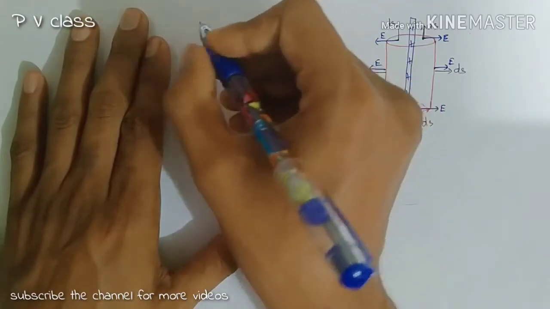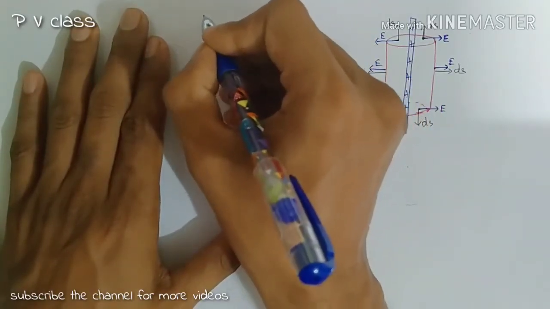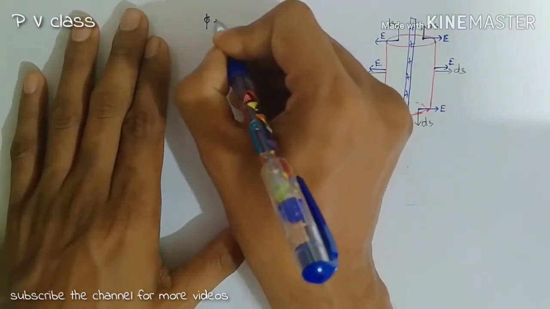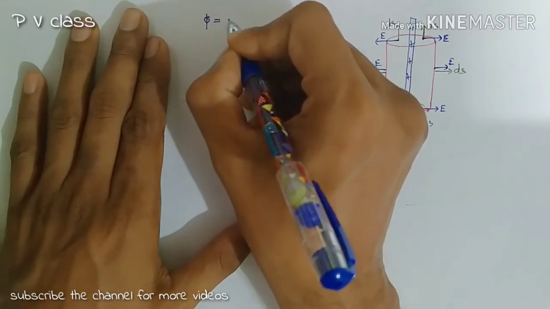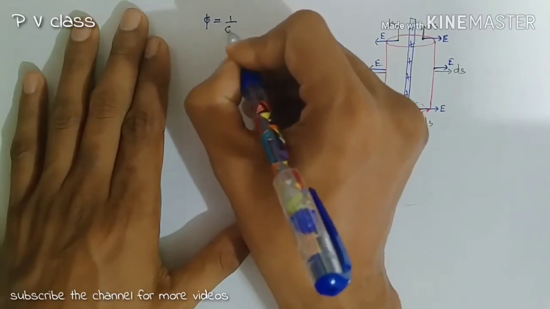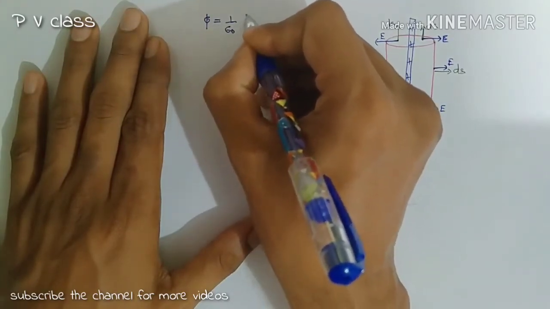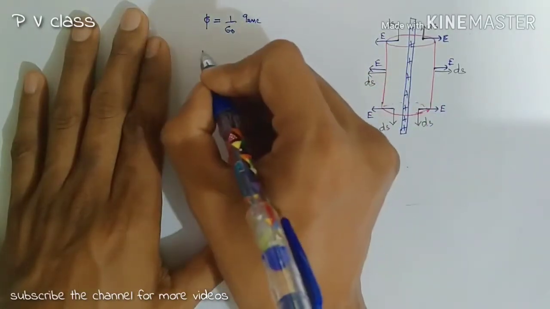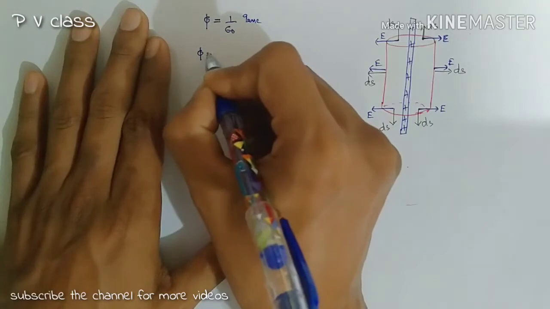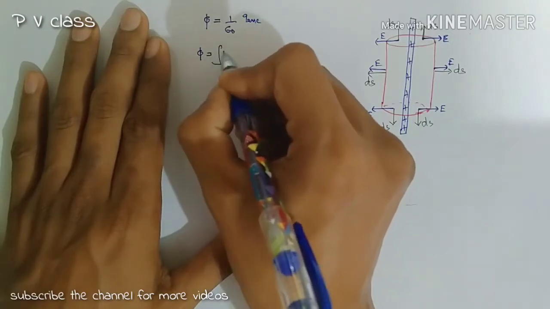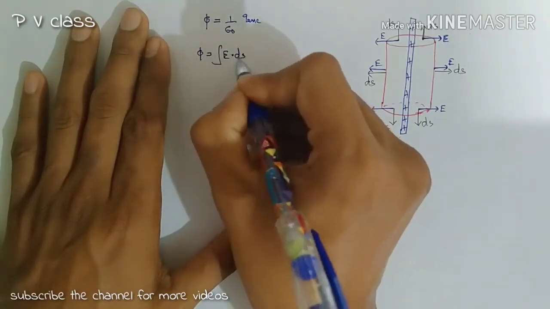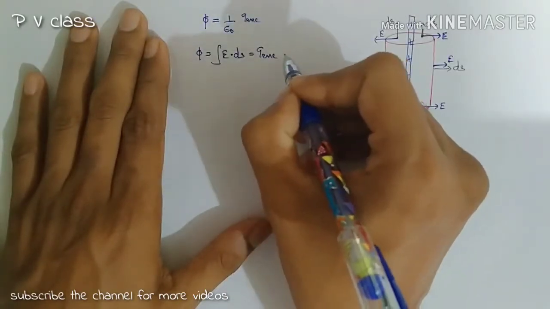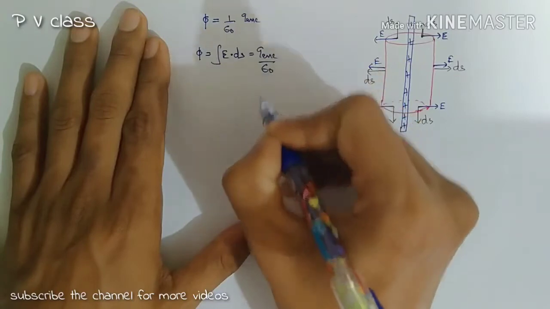Then let's write the mathematical form of Gauss's theorem or Gauss law. Gauss law says the total electric flux enclosed by the closed surface is 1 by epsilon 0 times the charge enclosed, or we could write phi is equal to integral of E dot ds, that is equal to q enclosed by epsilon 0.